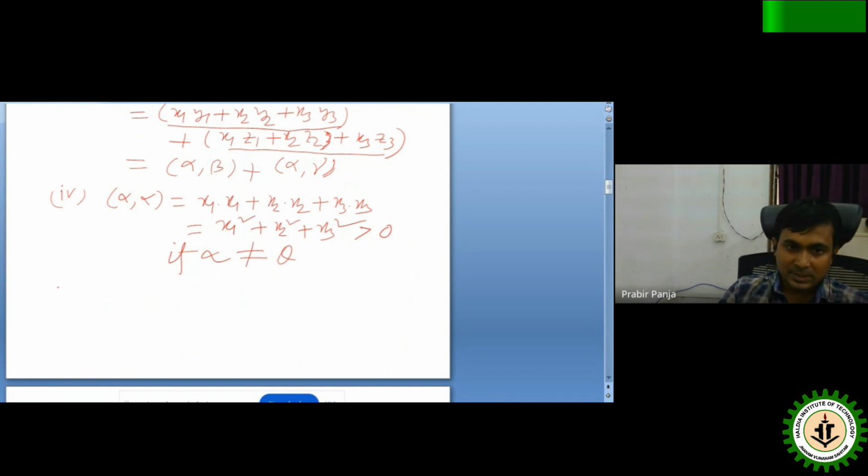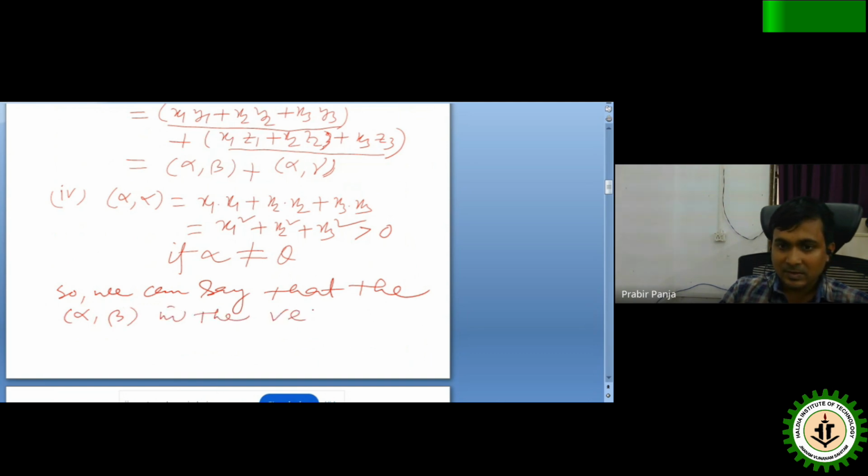So ultimately, we can say that the product rule alpha beta in the vector space R3 forms a real inner product space.